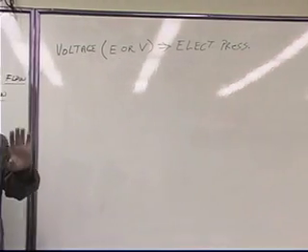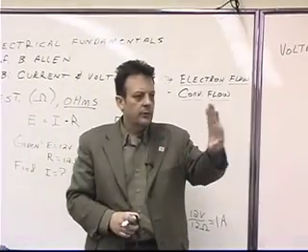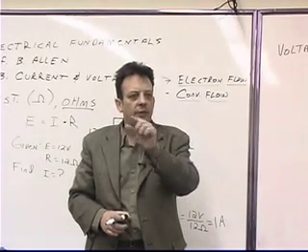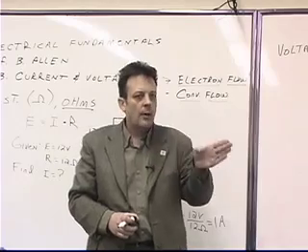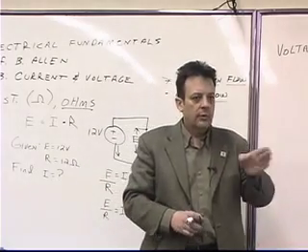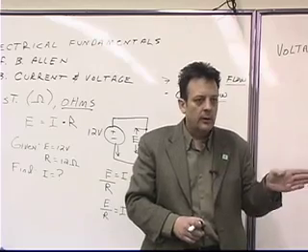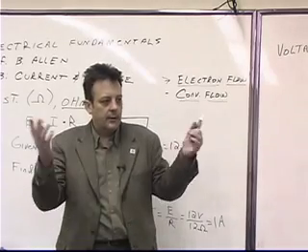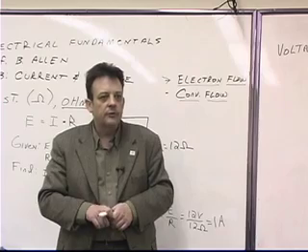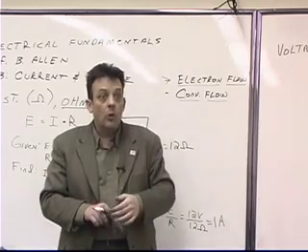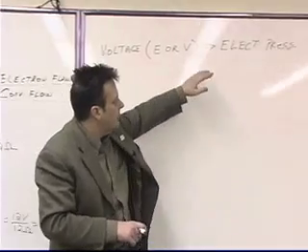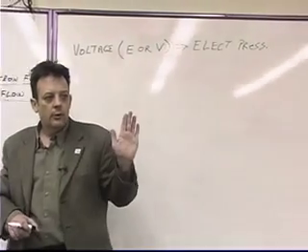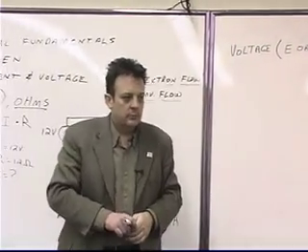It is the pressure that pushes the valence electrons, the subatomic particles that actually move through the copper or the aluminum wire or the silver wire or the gold wire. We don't have much gold wire around because it's expensive, but there's some real high-end audio stuff that uses gold connections, okay? And electrons move through that gold, okay? But it is the electrical pressure that pushes the electrons through the circuit.